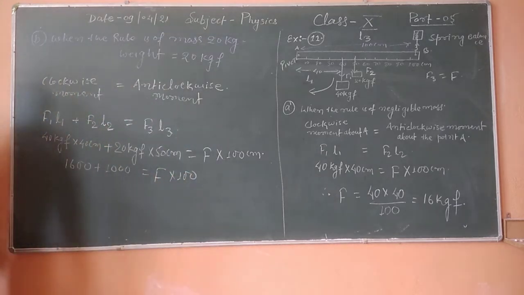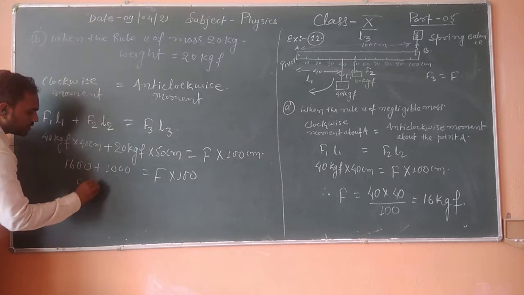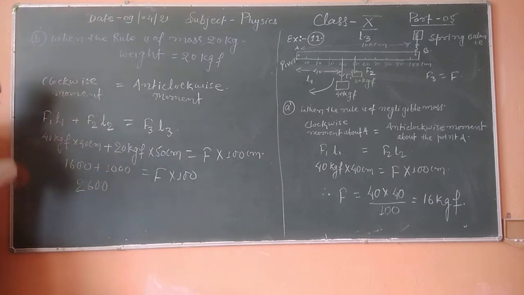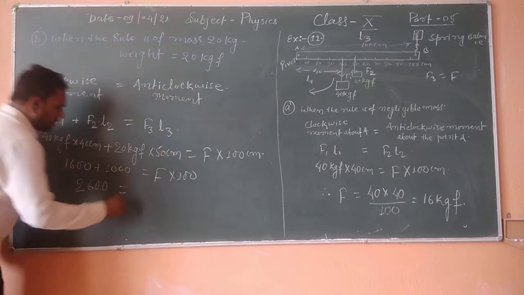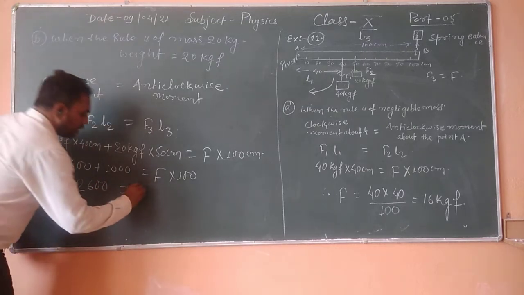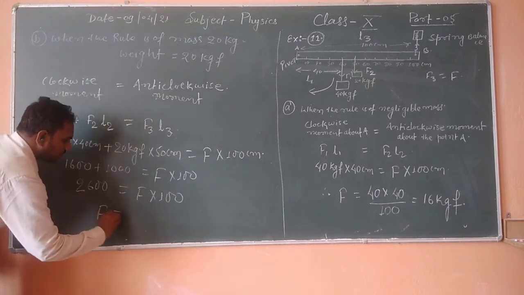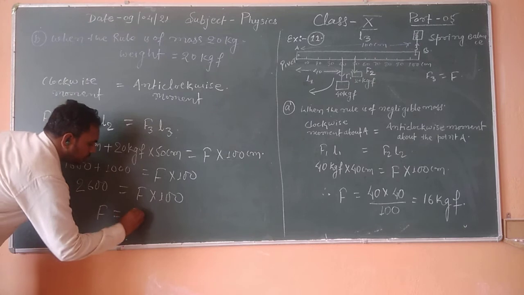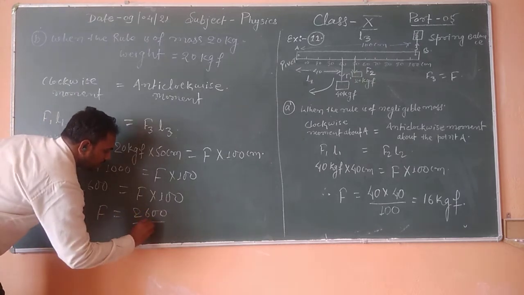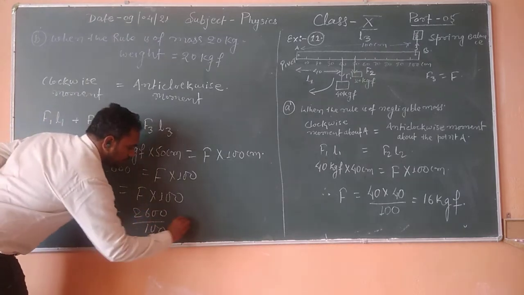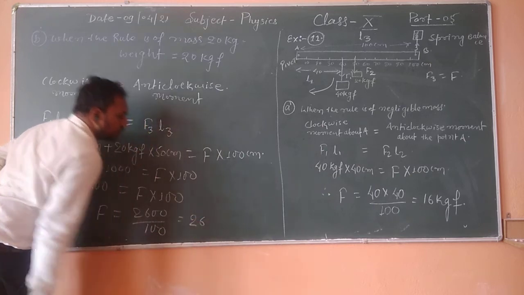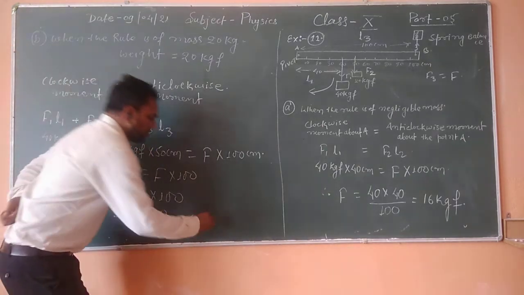We will add it up, that is equal to 2600 is equal to F into 100. So the force F will become 2600 upon 100, that is 26 kg.